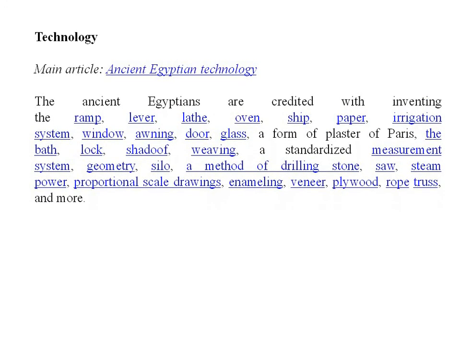The ancient Egyptians are credited with inventing the ramp, lever, lathe, oven, ship, paper, irrigation system, window, awning, door, glass, a form of plaster of Paris, the bath, log, shadow clock, weaving, a standardized measurement system, geometry, silo, a method of drilling stone, saw, steam power, proportional scale drawings, enameling, wine, plywood, rope, and more.